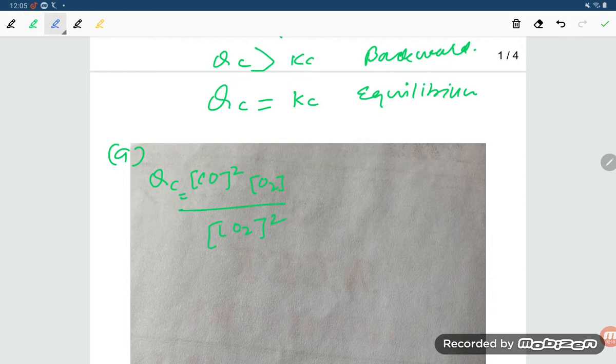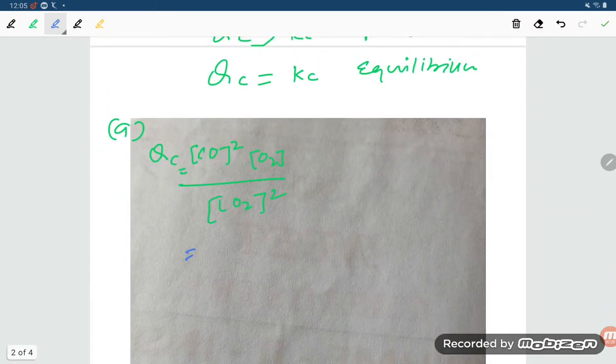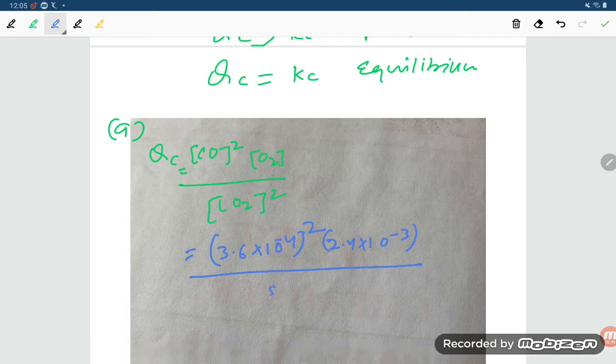Put in the values given in the question for A: 3.6 into 10 power minus 4, squared, then 2.4 into 10 power minus 3 in another bracket, and CO2 is 5.3 into 10 power minus 2, squared.